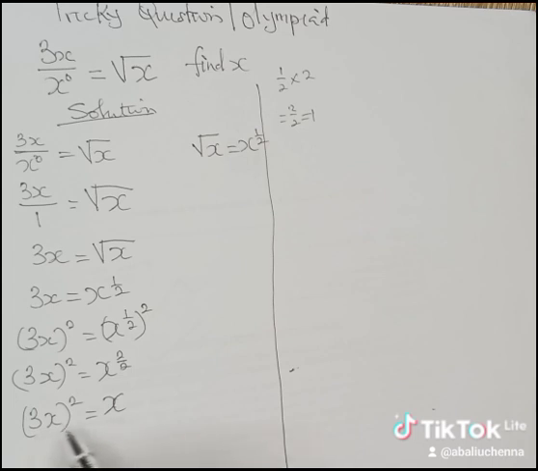So now, what can I do again? I'm going to raise this to all the powers. 3 to the power of 2 is 9. x to the power of 2 is x squared, equals x. Okay, good. So now I can divide both sides by x.